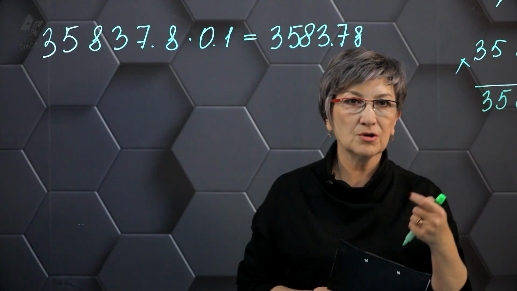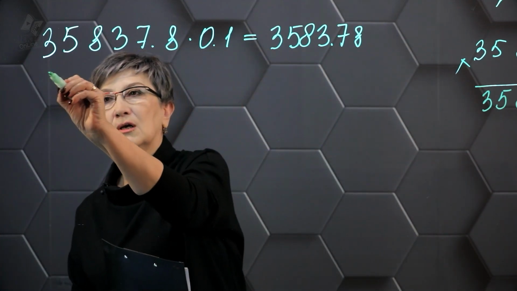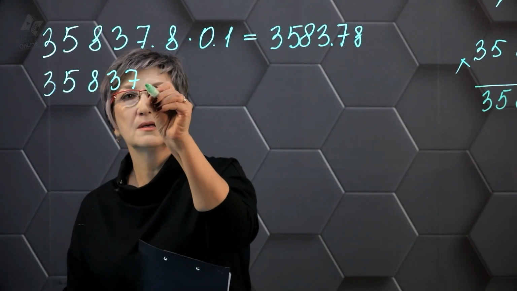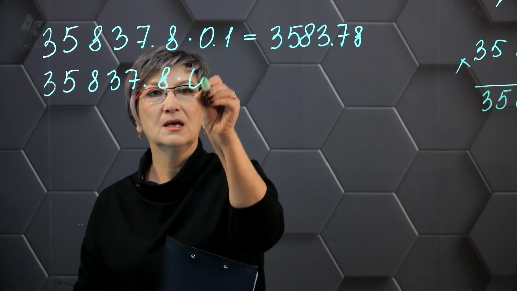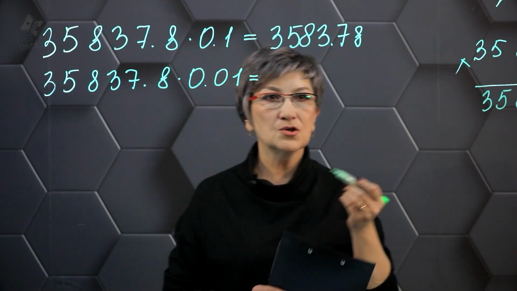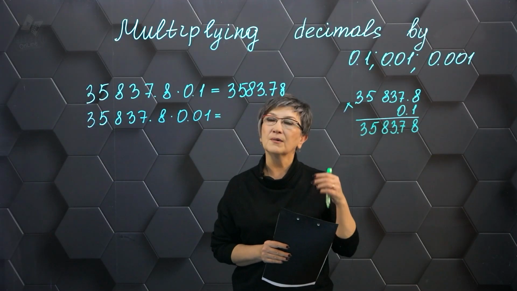Let's try and multiply that number again by 0.01. So that's 35,837.8. I multiply it by 0.01. What is the result? Let's multiply it again by 1.